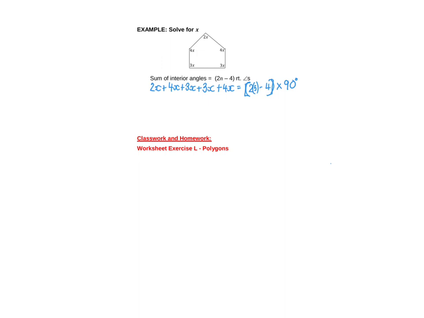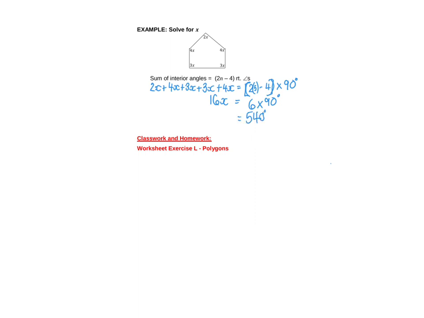So now the natural reaction should be that we add all these like terms together. 2x, 4x, 3x, 3x, 4x. And that gives you 16x, if you add all of them together, equal to 10 minus 4 this time, again 6 times 90, and we know then that it gives you 540 degrees.